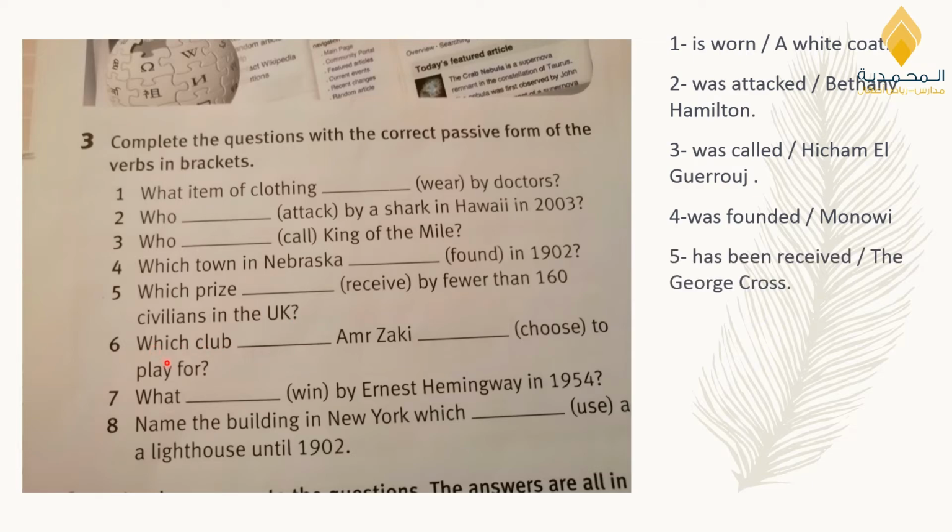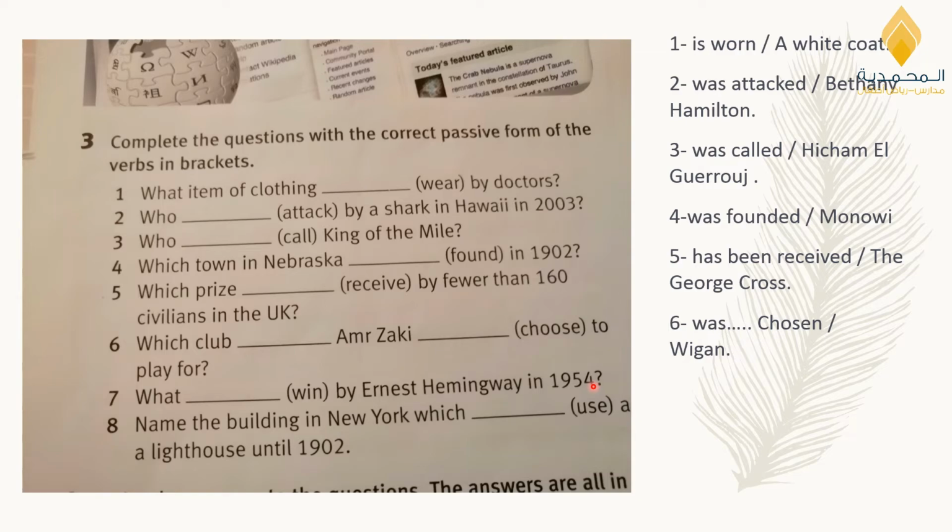6. Which club was Amr Zaki chosen to play for? Yes, Wigan. 7.